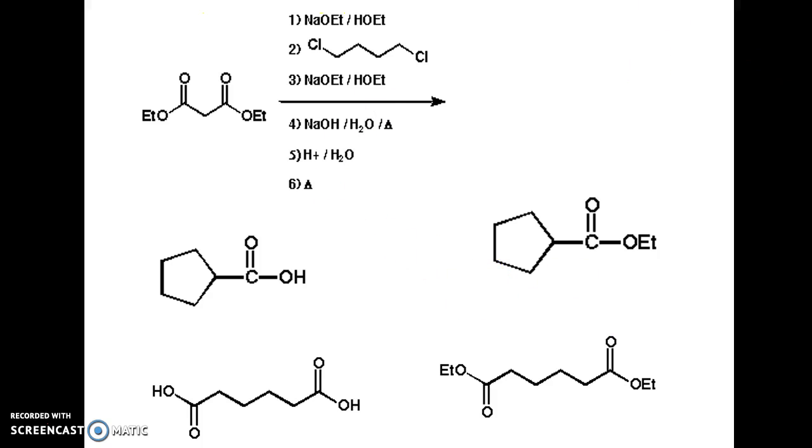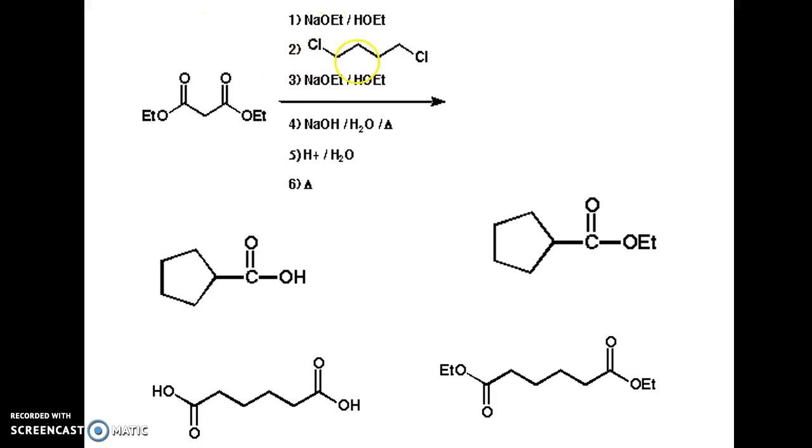So what is the product of this series of reactions? Okay, if I look at this, I've got my malonic ester here. Treating it with sodium ethoxide is going to deprotonate this, and then we're going to do SN2 on one end of this alkyl halide.